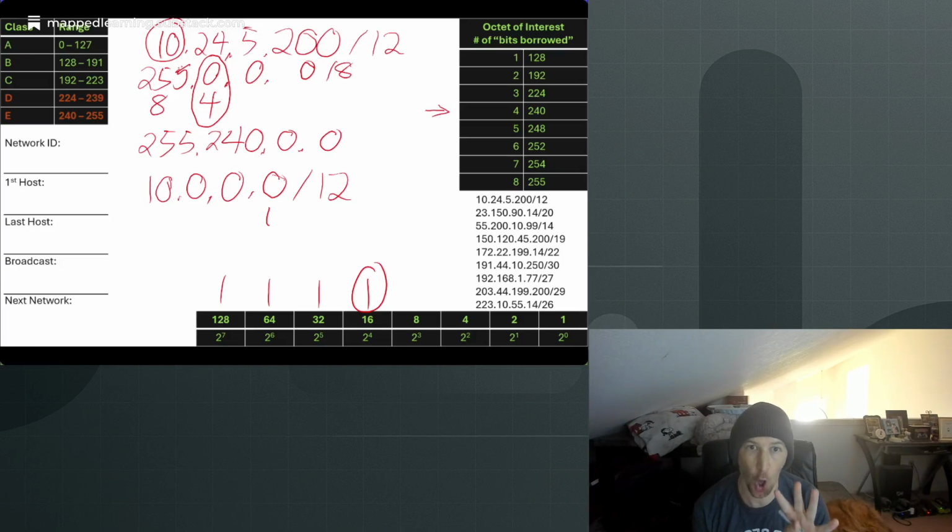When we're talking about hosts, we start at the right. When we talk about subnets, we talk about the octet of interest. So if you were going to take this 16 magic number and add it to 1, that's not correct. We're going to add it to the octet of interest.